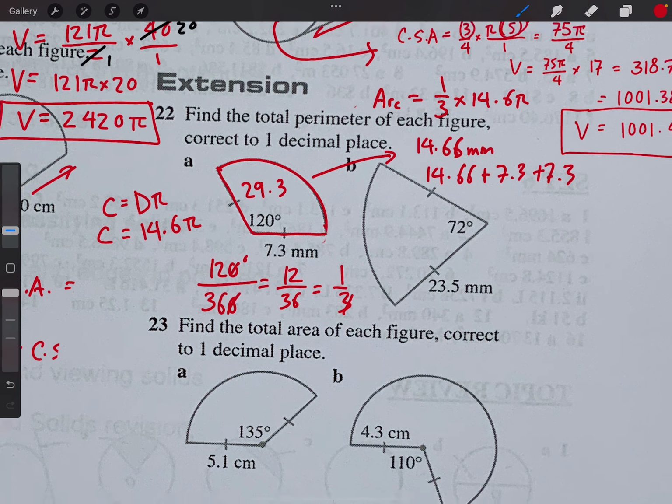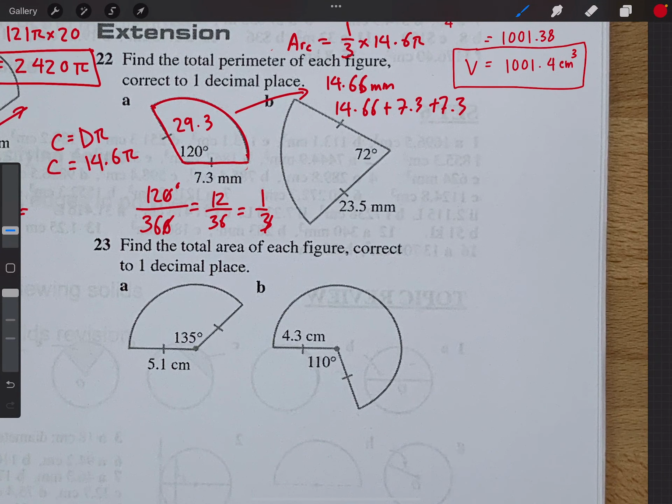There you go. Now you can do the same thing for this one as well, but this is 72 degrees, so let me see. 72 degrees over 360 will be 1 over 5. Yes, alright. So this is 1/5 of a circle.